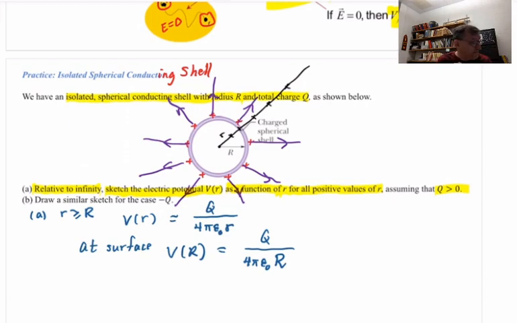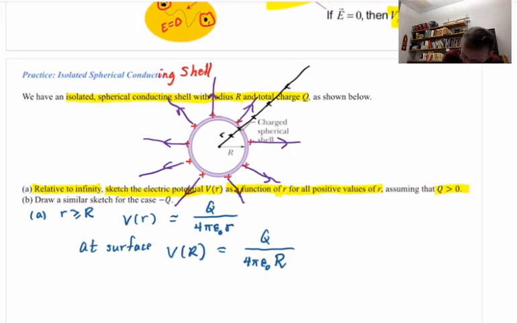Okay? But now remember, once you are on the surface of the conductor and inward, even in the hollow region inside, everything must be at equal potential. Okay?